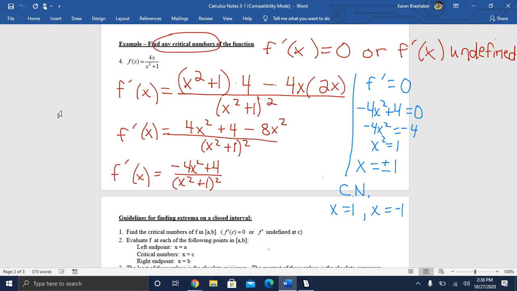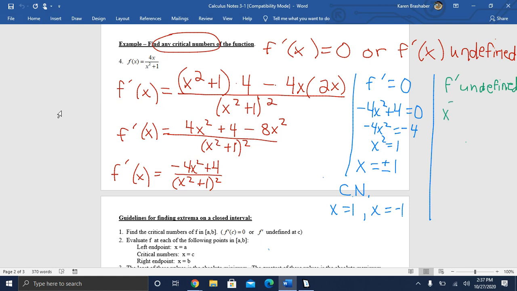But I don't want you to forget that critical numbers also occur where the derivative is undefined. So we do need to take a look to see, is there anywhere that f prime is undefined? In this case, since we have a denominator, where is that denominator equal to 0?